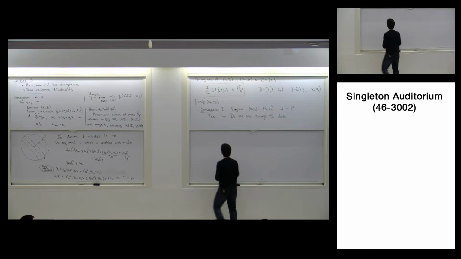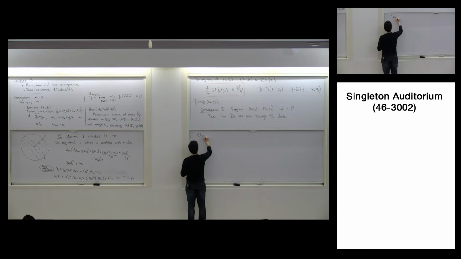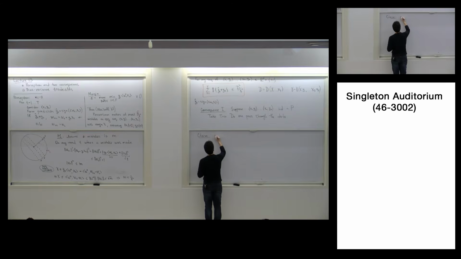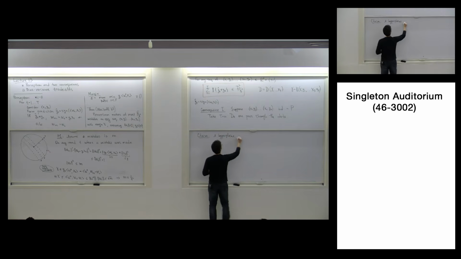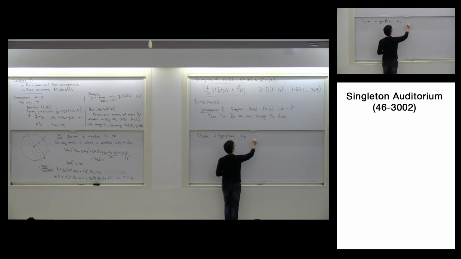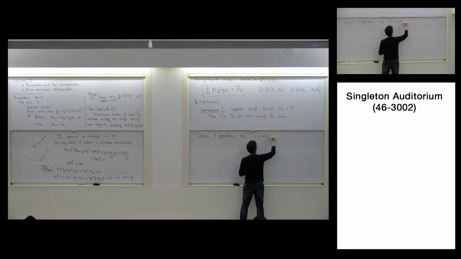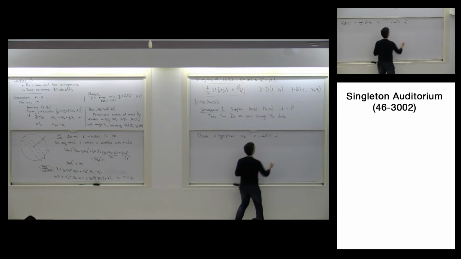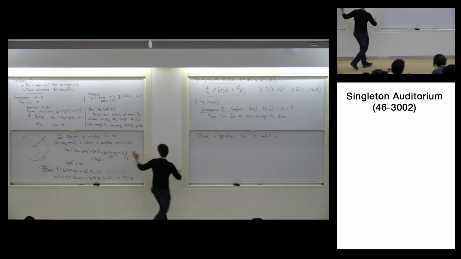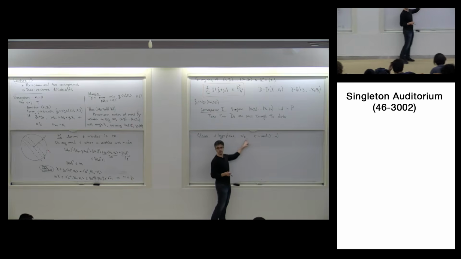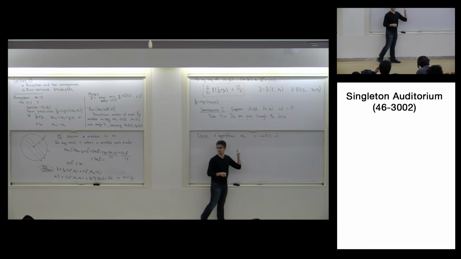So claim: a hyperplane W_tau, where tau is uniform on 1 up to n. So I run Perceptron, and then I look back at all the W's, and I pick one uniformly at random.